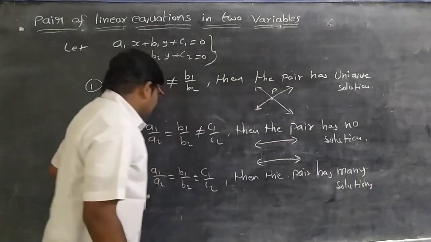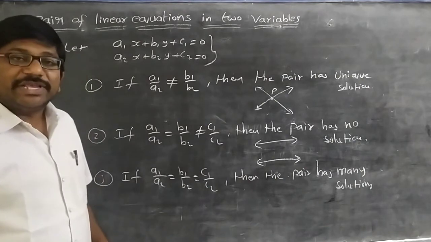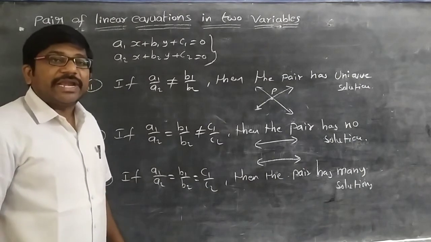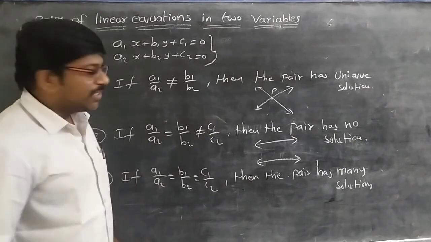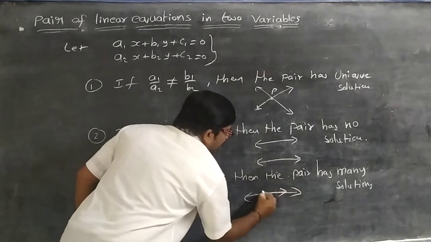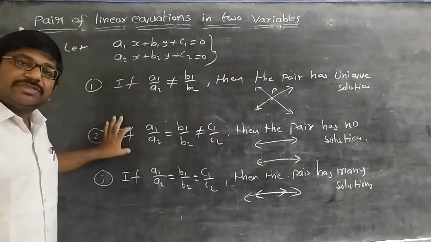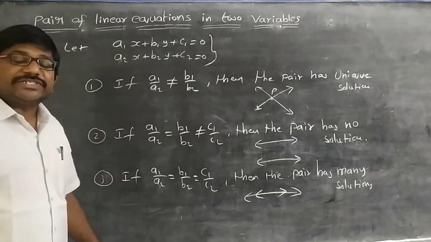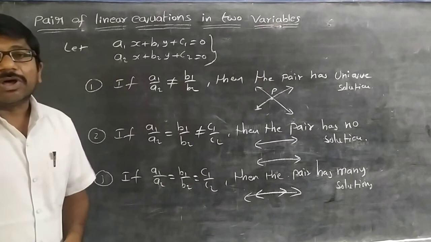Right? If all ratios are equal, then the pair has many solutions, means the pair is dependent, means the two lines are coincident to each other. So first one, second one, third one. These three conditions must be kept in your mind. So by using these conditions, we can solve problems.